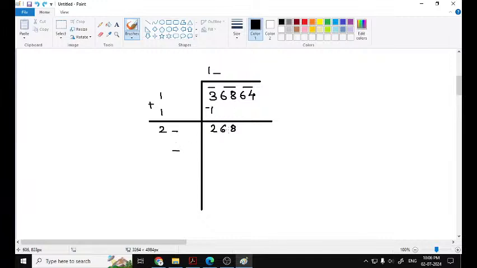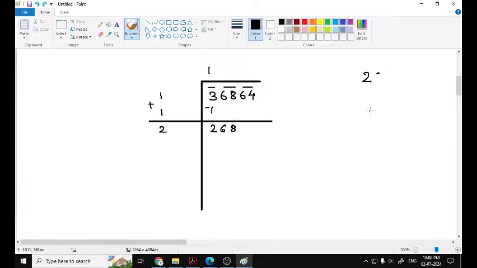Now let us try 5. So this number over here is 5 into 5 is 125. This is smaller than this. So let us consider 27 into 7, and that is equal to 189.